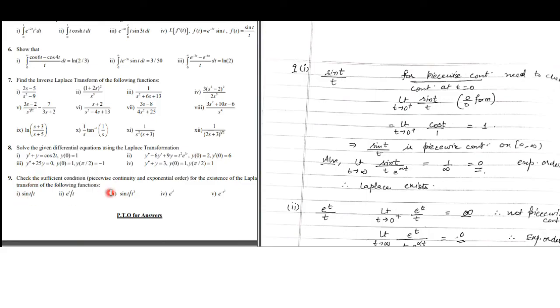Right? So piecewise continuity means we can break the interval into finite subintervals, and over each finite subinterval the function attains finite discontinuity. Finite jump discontinuity means the left limit is not the same as the right limit, but both are finite, right?